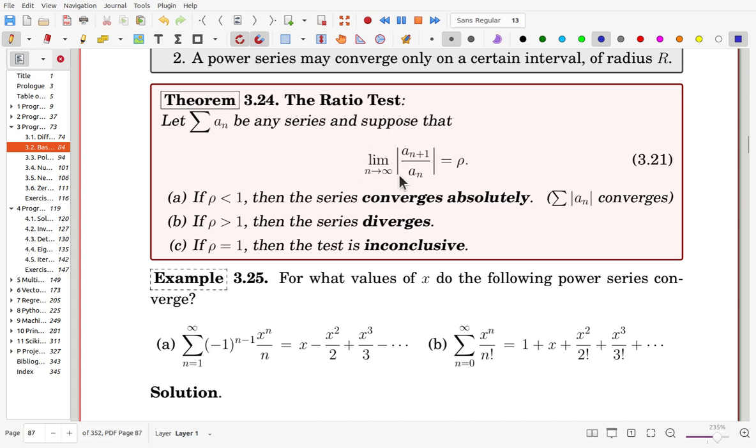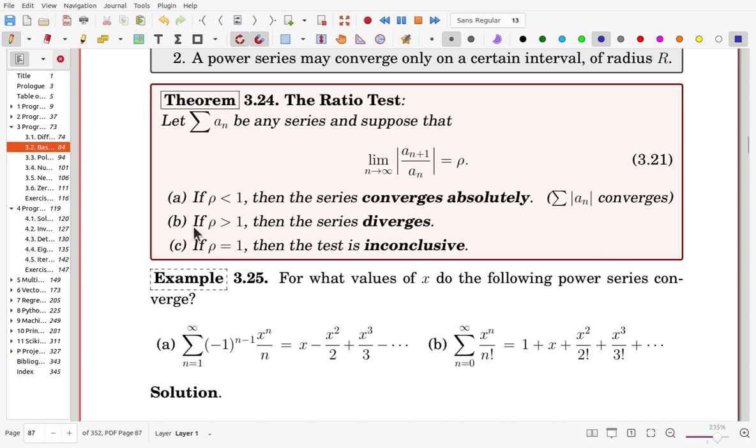As n increases, if it converges to some number rho, then by using that number we can determine the convergence. If the limit is less than 1, then the series converges absolutely, which means that the absolute values of the terms converge.